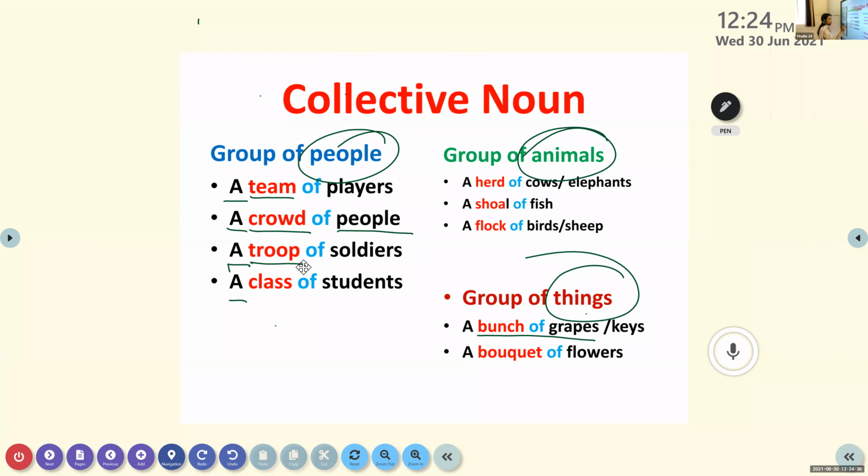So we can use either A or an according to the collective noun used here. If it starts with a vowel, we use an. Then you can see the word of, followed by the noun. So this is the way we write a collective noun. I will show you how to write it.